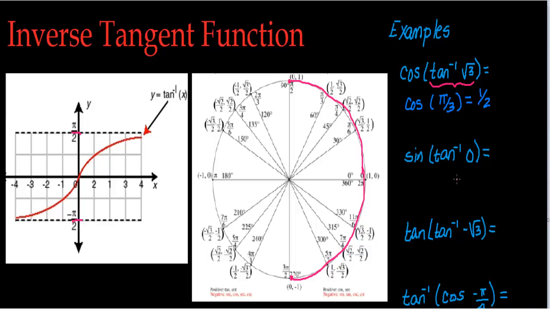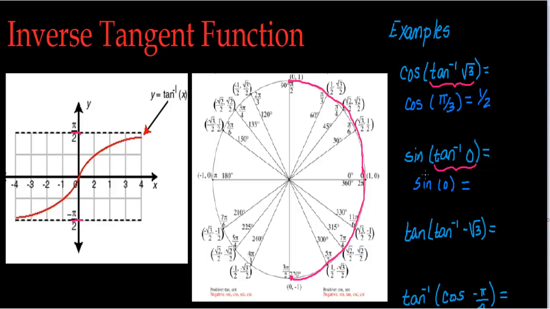So if sine over cosine is going to equal 0, that means sine has to be 0. So where, on the first or second quadrant or on the axis, is sine equal to 0? It's right here. So this piece here is 0. So we can write the sine of 0.